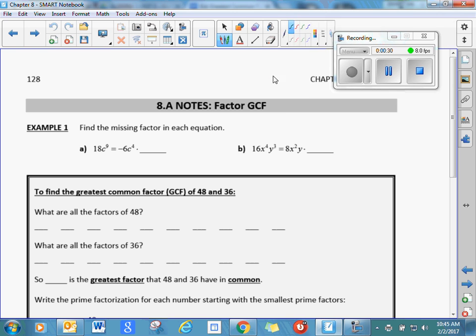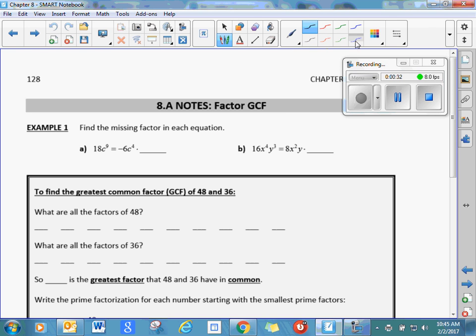See if I can get my good blue pen going there. So in this first example, the product of two things multiplied together is 18c to the ninth, and they give you one factor right here. What does negative 6c to the fourth have to be multiplied by to end up with a product of 18c to the ninth?